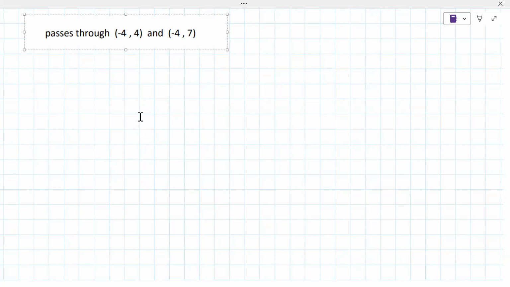This is different than anything we've done, but I just figured I would throw it out as an exception. So slope's undefined, right? Yeah, you're dividing by zero. There's no run.